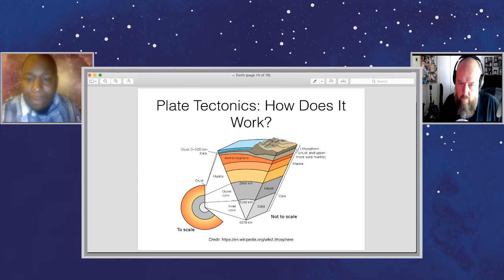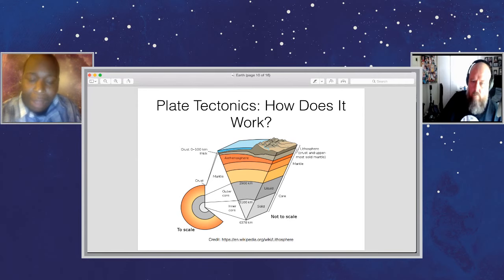We have the lithosphere, which is a combination of the crust and the uppermost solid portion of the mantle. Then we have the mantle, which I'm going to come back to in a minute. And then we have our core, which, as stated earlier, is composed of a liquid component and a solid component.